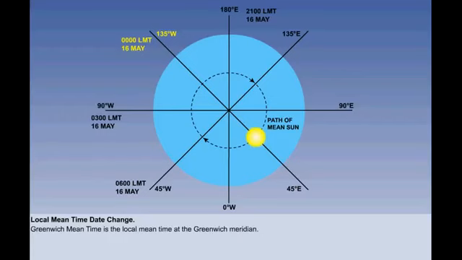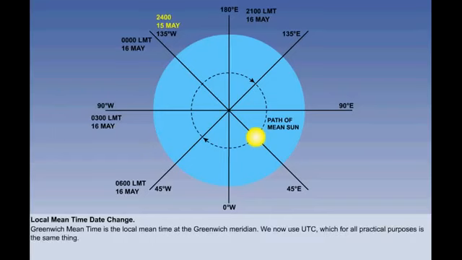This is 180 degrees west of 45 east, and so the time is 12 hours earlier, which is 0000 hours on the 16th of May, or, if you prefer, 2400 hours on the 15th. If we go a further 45 degrees westwards to the Greenwich antimeridian, we are 3 hours earlier. This takes us to 2100 hours on the 15th of May.